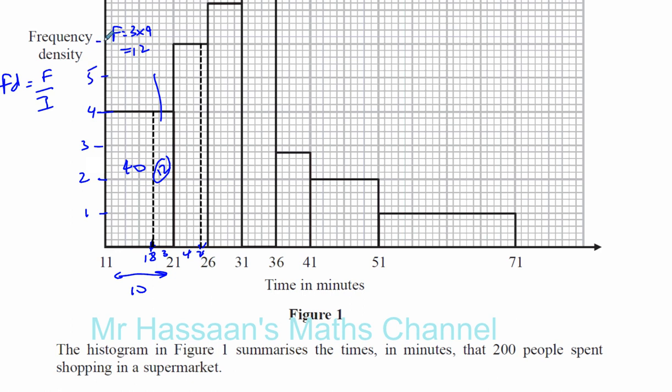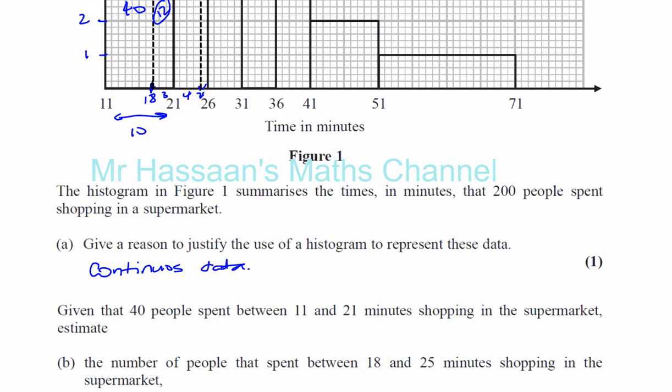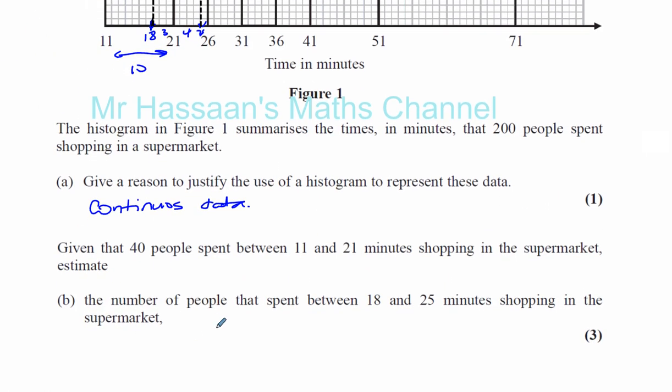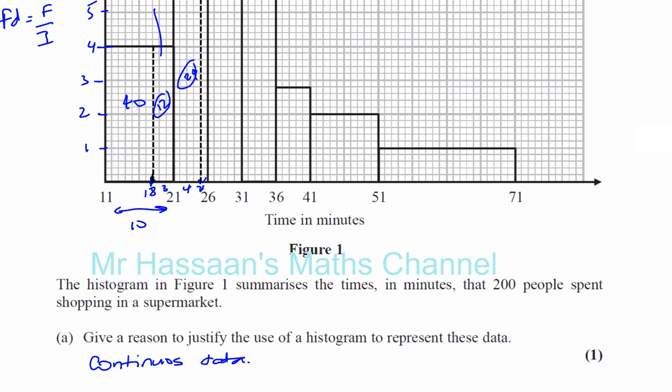That's 4 times 6, which is 24. So you've got 12 plus 24, which is 36. So basically you can just show 3 times 4 plus 4 times 6, which is 12 plus 24, which is 36 people in that particular category. So there we have the answer to that part of the question.